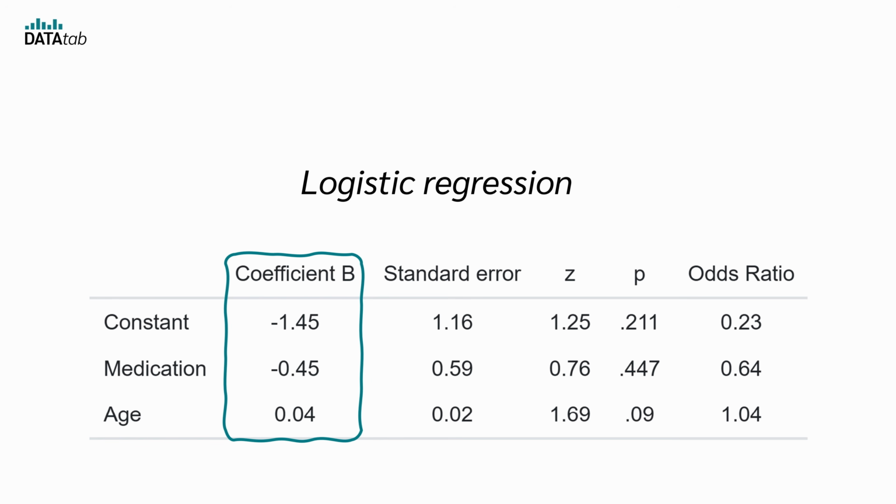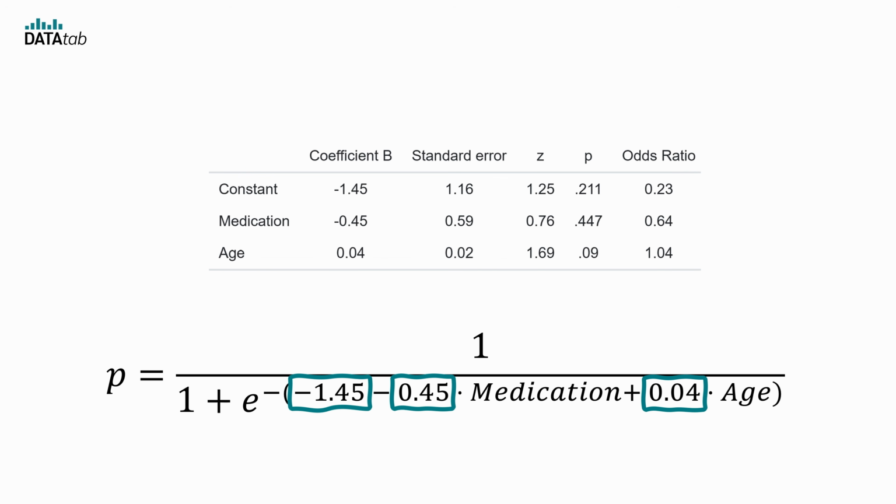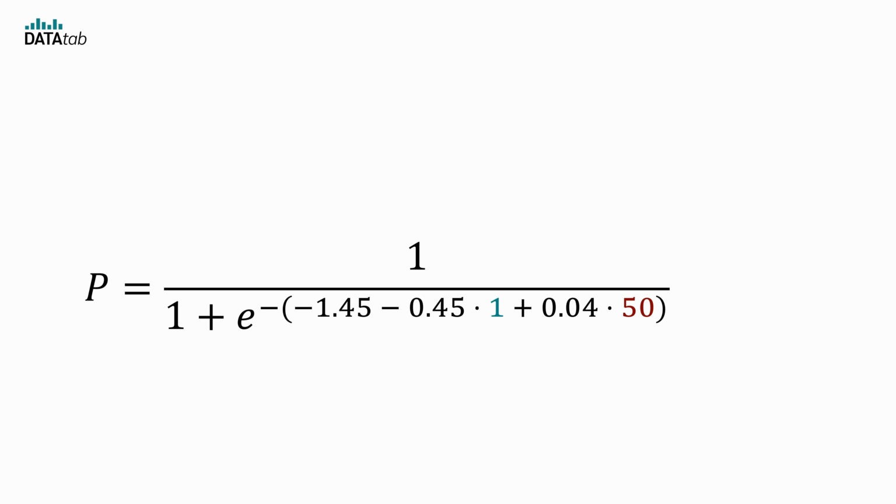In the first column, we can see the coefficients that define our model. These coefficients can be entered into the logistic regression formula. Here we can see the coefficients from the table, the constant, the coefficients for medication and for age. Now we just need to enter a value for medication, such as 1, indicating the patient received medication, and a value for age, for example, 50.